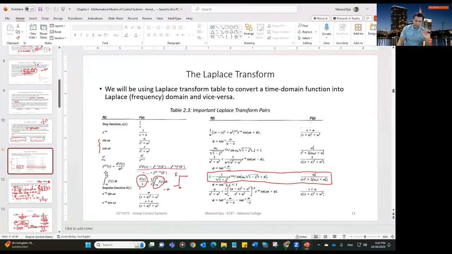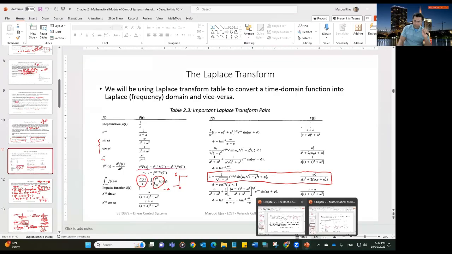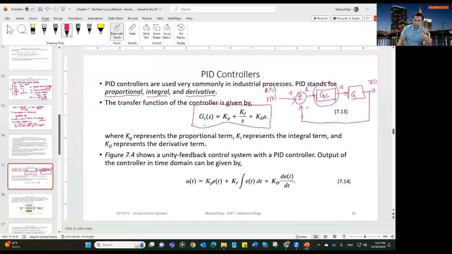So derivative in the Laplace domain is s times F(s), and the integral is the Laplace of that input that you're using, divided by s. So our controller gain is Kp plus Ki over s, since we are taking the integral, plus Kd times s.